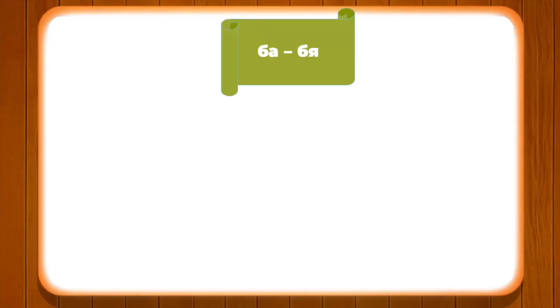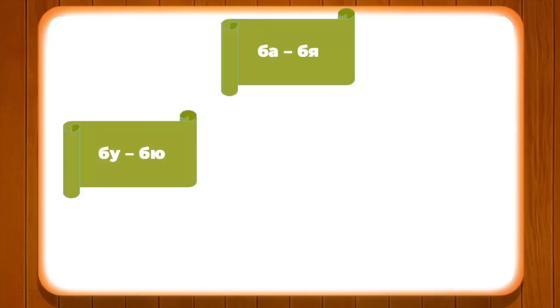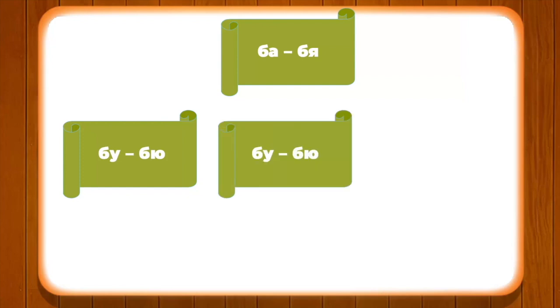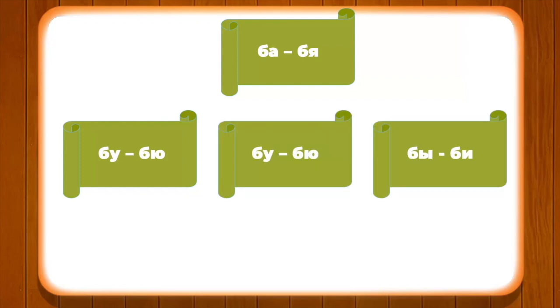So here we have another combination of sounds, the consonant б with а, я, о and ё. Ба, бя, бо, бё. Likewise we have бу, бю, бы, би. Here you can very precisely see how the sounds of у and е change with б.